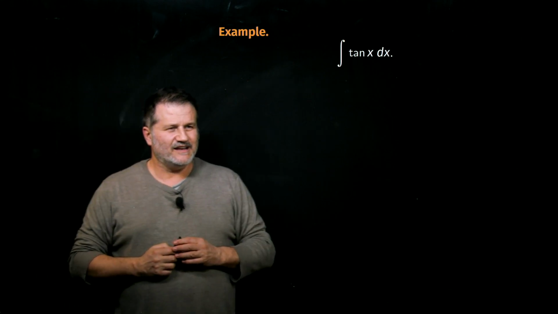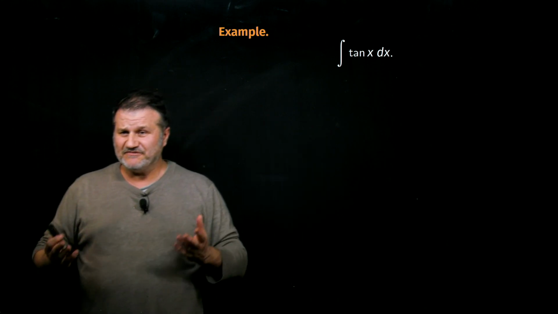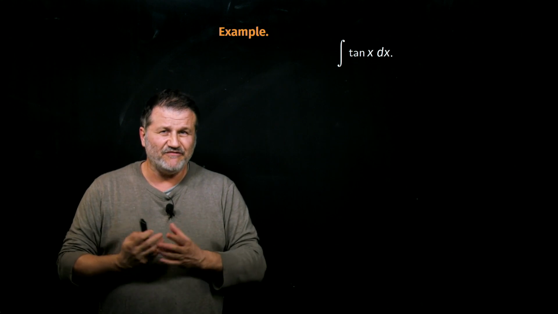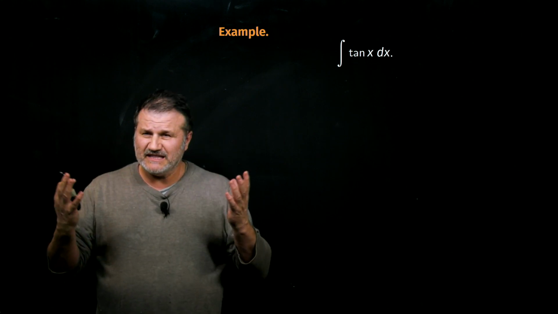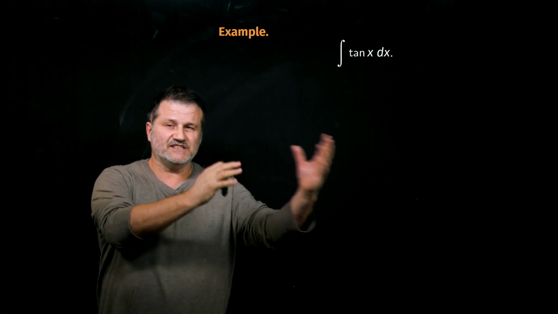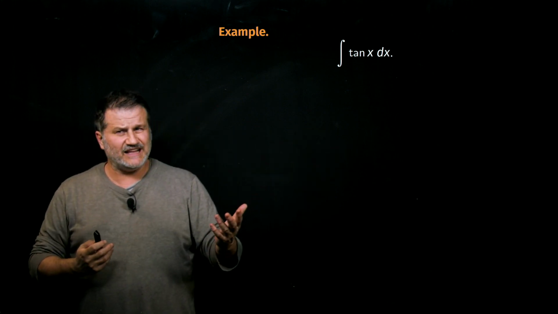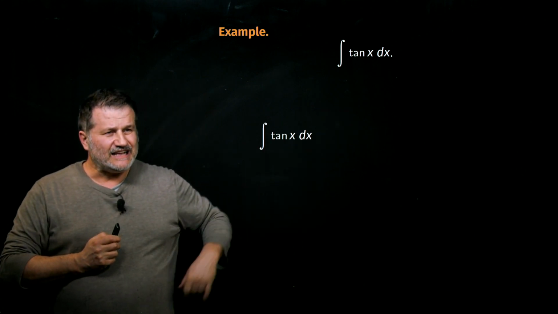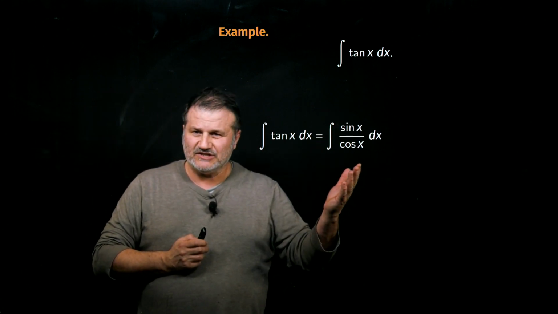Example. Let's look at this, which is, by the way, an elementary function. We have not seen, for the moment, a primitive for tangent, because we do not immediately have in mind what should be the function such that the derivative of this is tangent. We know what the derivative of tangent is, which is another story. We want a primitive now. Now, tangent is the ratio between sine and cosine.